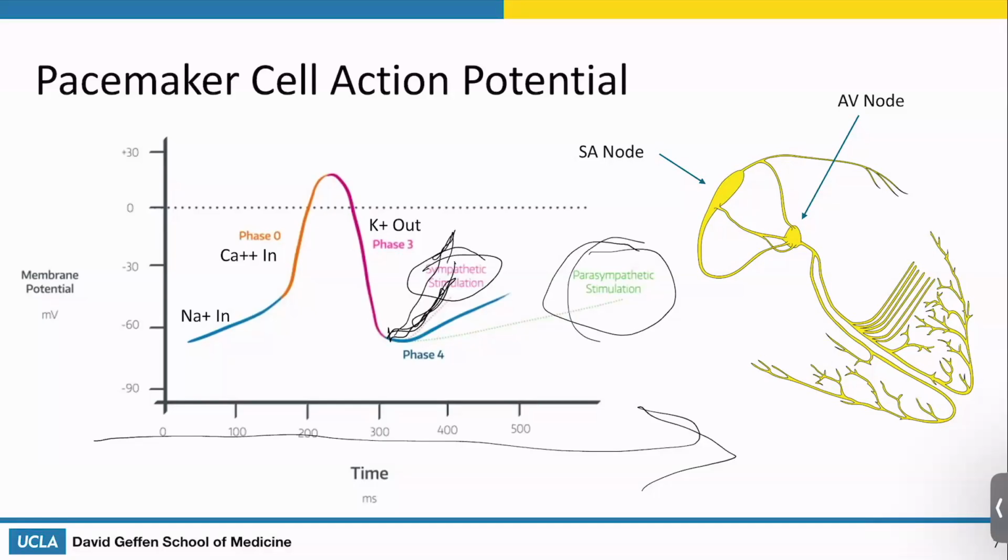Or if the parasympathetic system comes in, it's going to decrease that speed, and that action potential is going to happen a little bit less. So it shows what happens normally, with regular automaticity, but also what happens if the sympathetic nervous system kicks in or if the parasympathetic nervous system kicks in.